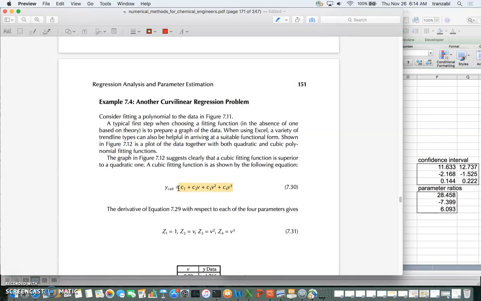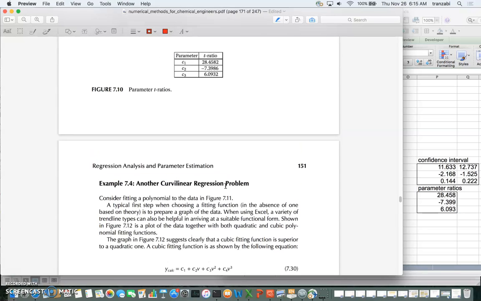Yeah, this is a cubic equation, or third-order polynomial. Another person says, instead of a third-order polynomial, I'm going to do only the second-order polynomial from here to here. Okay, so the question is, which one really fits the best? The third-order polynomial, the second-order polynomial, or even the first? So that's where the t-ratio comes in. I'm going to show you how we can basically decide which parameter is important, which parameter is not important.